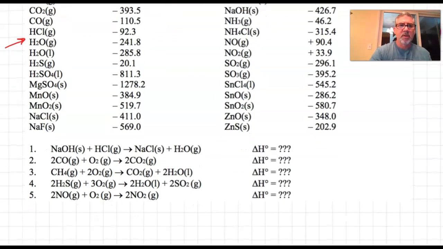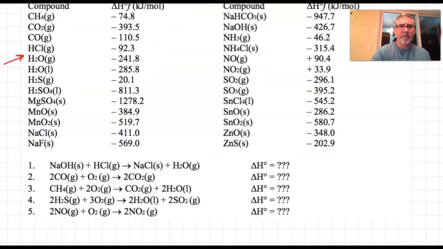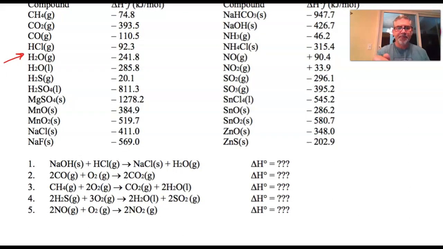Let me show you some easy equations. We have this first one. Your strategy for doing this is to look at the substances here and make sure you take note of the phases. We'll find them up here and write them down. I have sodium hydroxide, a solid, which is negative 426.7.